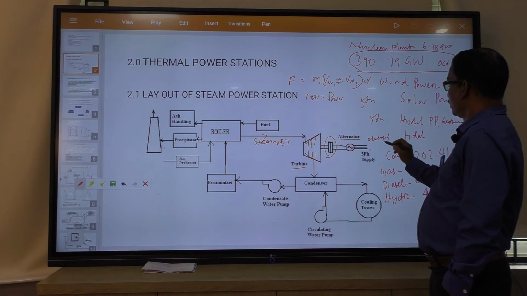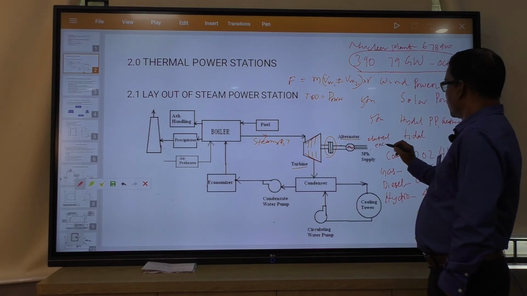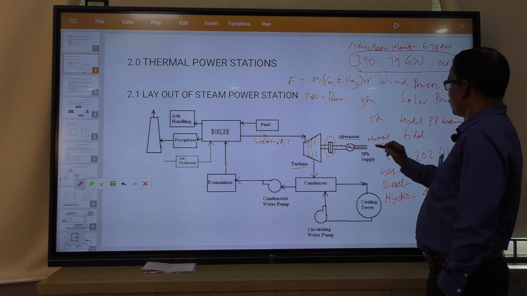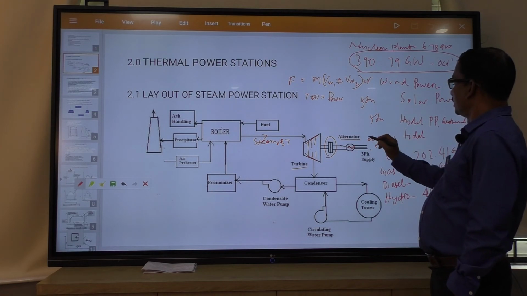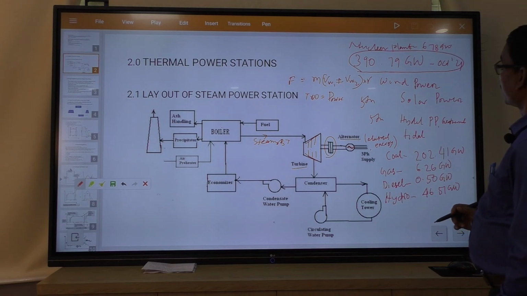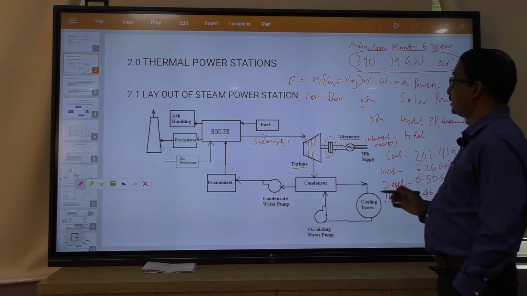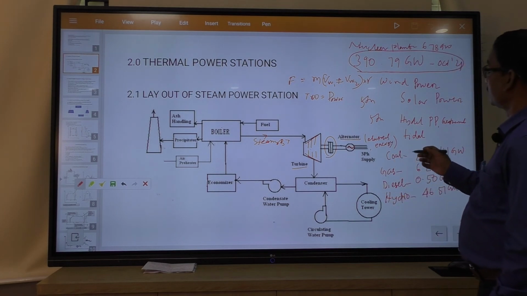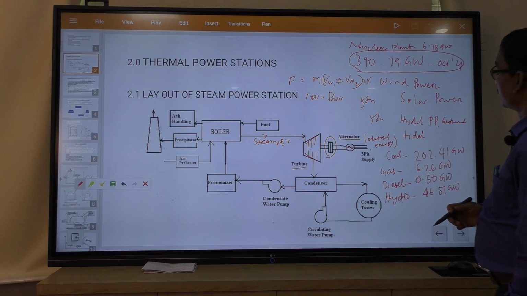This is essential nowadays. Without electrical energy, you cannot run any office or any plant; anything cannot run without electricity. Electrical energy is needed everywhere, in domestic as well as industrial purposes.